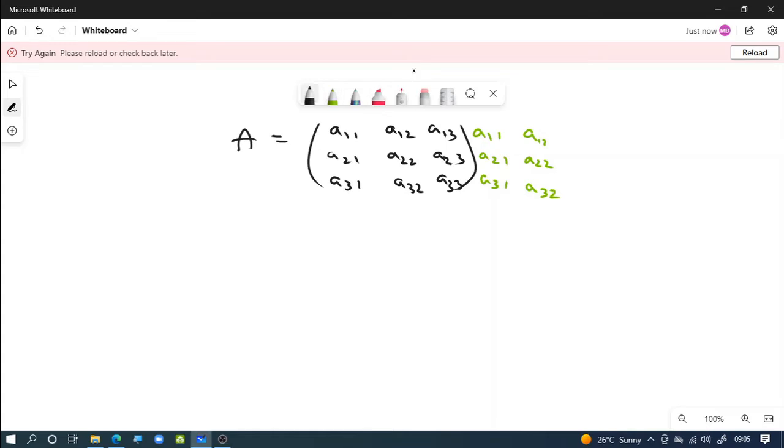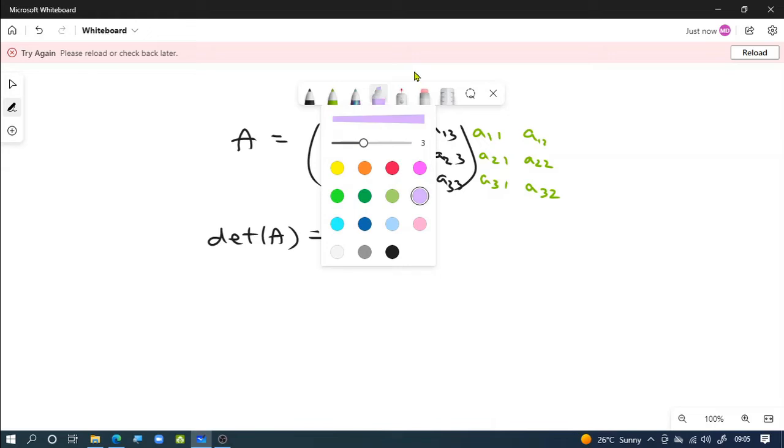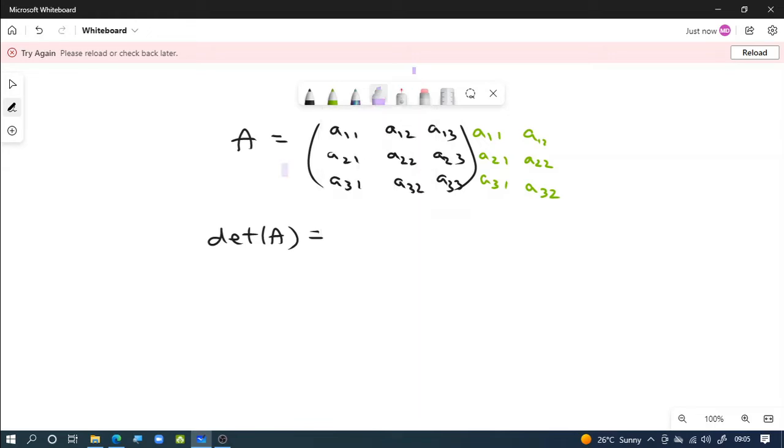Okay. Now, the determinant of A is equal to, you consider the main diagonals. So you have 3 main diagonals for this matrix, and you multiply each main diagonal.